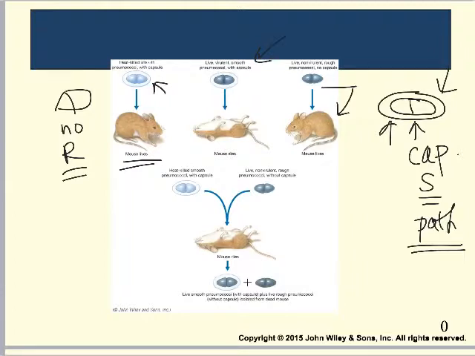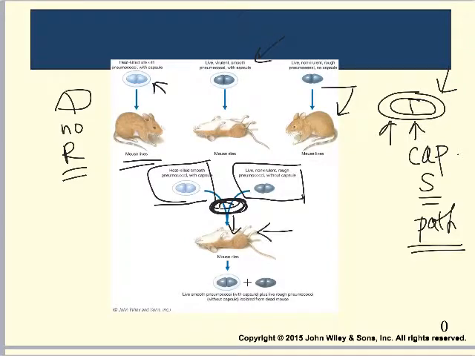He didn't want to stop there. So what he did next is he killed smooth pneumococci, the ones with the capsule, so it's dead, and he mixed it with the live non-virulent one in a test tube or something, and then he injected it into the mouse. The mouse actually died.